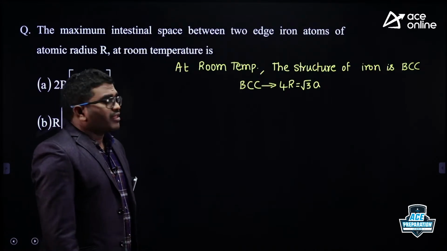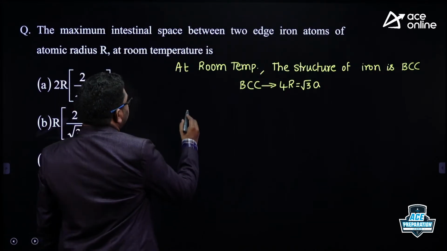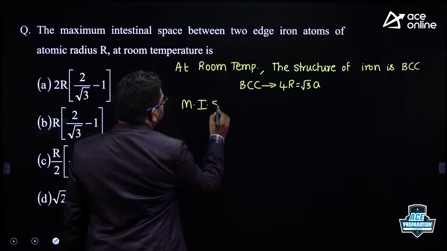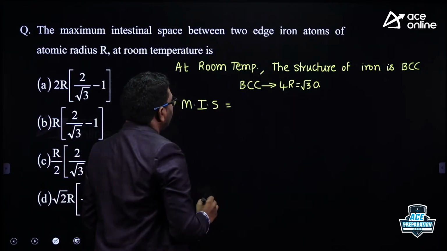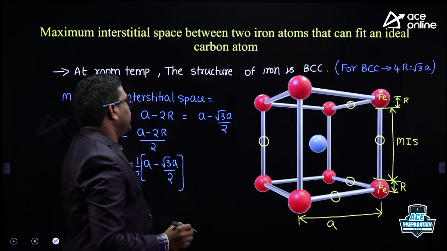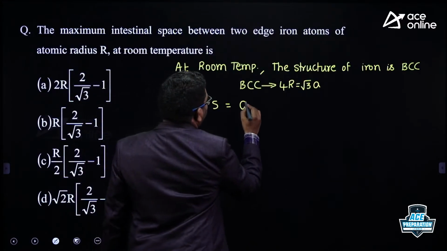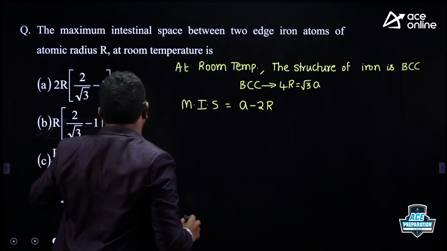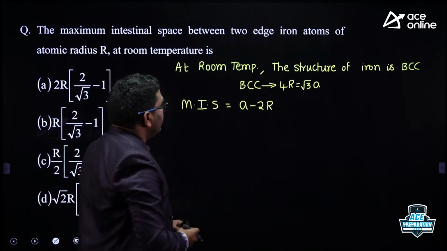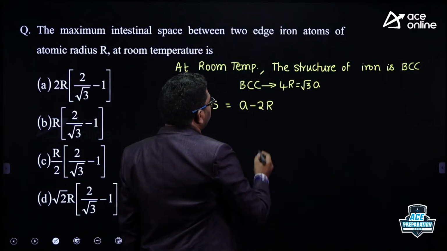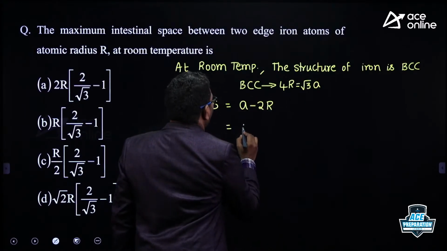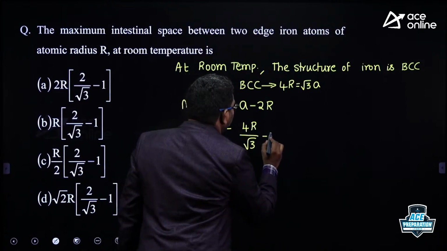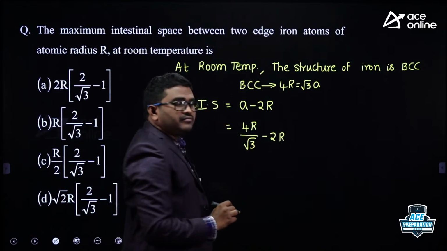Now listen, the maximum interstitial space is equal to, from this diagram, A minus 2R. But in the question they want it in terms of R, so A equals 4R by root 3. So that is 4R by root 3 minus 2R.